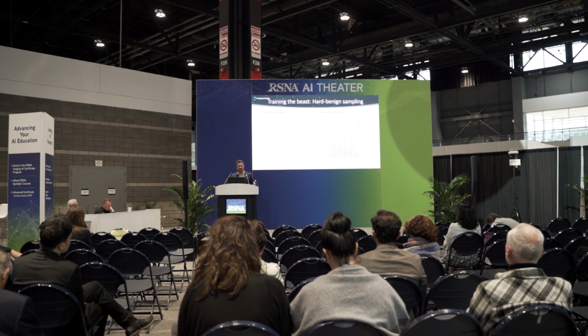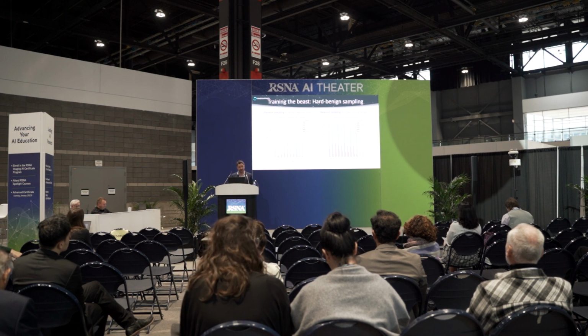But when you look at the details, you can see that on the left, the green bars are the simple benigns, so the true negatives. It means that in that sampling, we show a lot of simple things to the model, lots of radiologist true negatives, while the blue ones and the orange ones, which are the radiologist false positives, and radiologist false positives which have been biopsied, are very few.